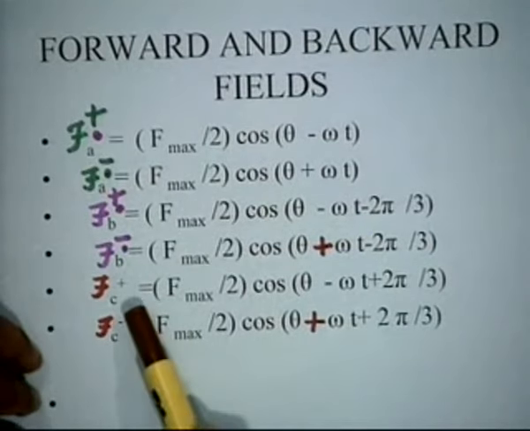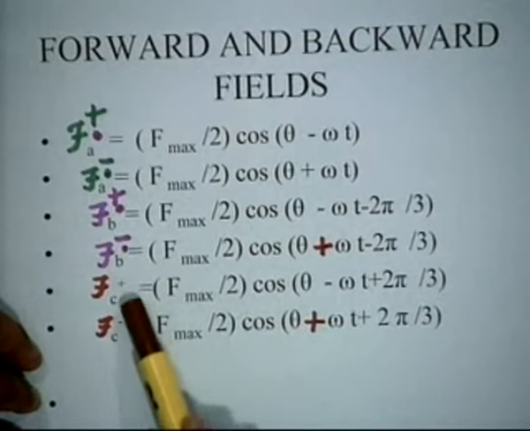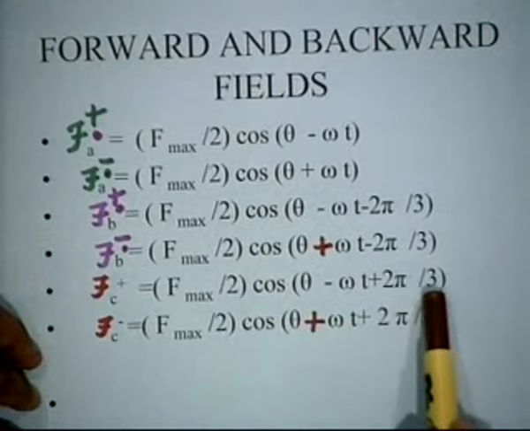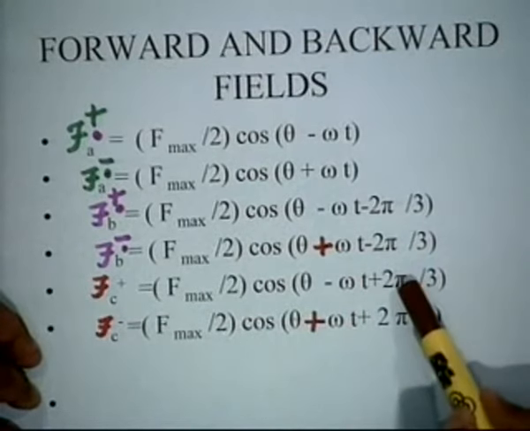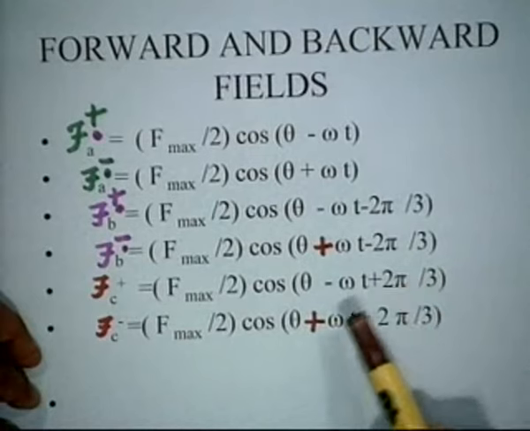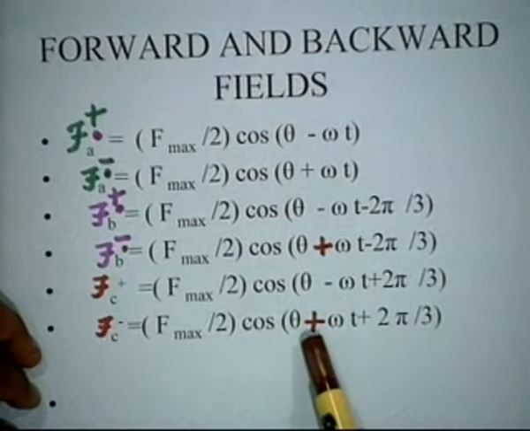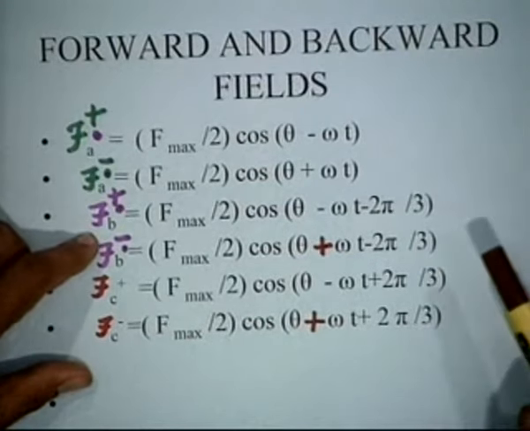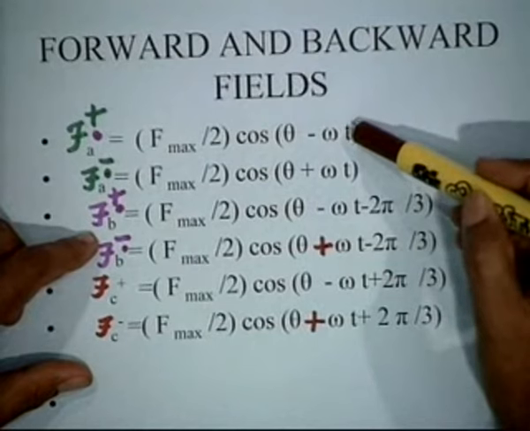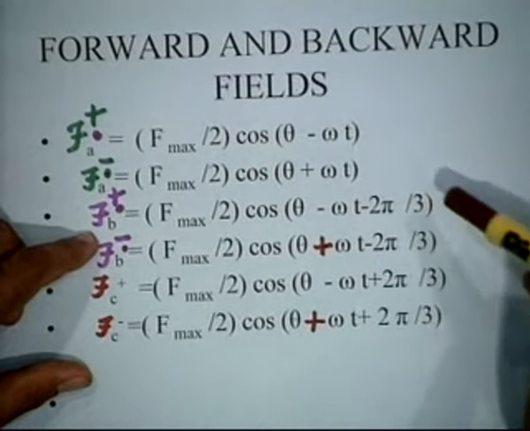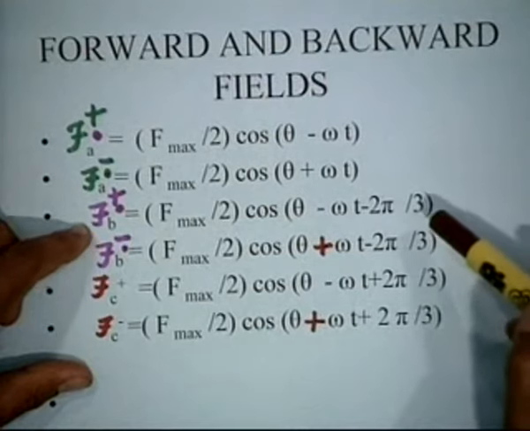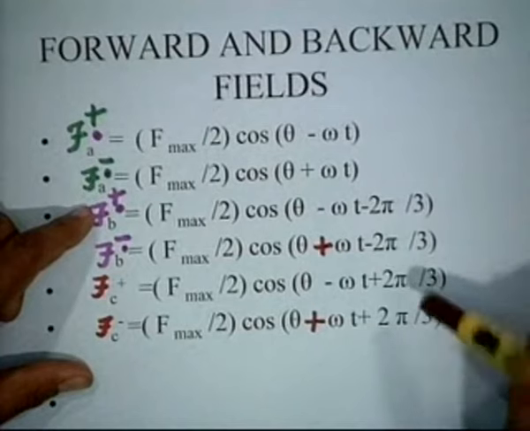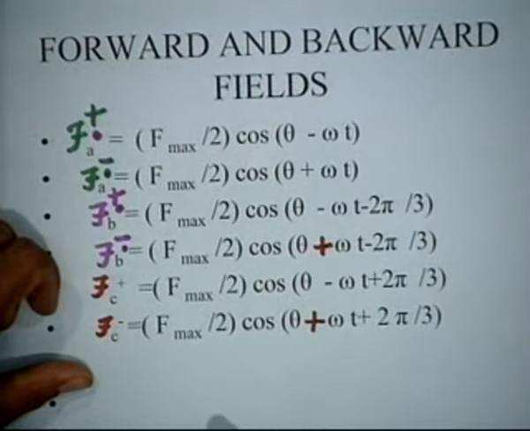Then this Fc plus is same peak value cos theta minus omega t plus 2 pi by 3, because with reference to this will be next one, and Fc minus is theta plus 2 pi by 3 plus omega t. Now you notice these ones will have this is Fa plus, Fb plus, and then Fc plus, like that.